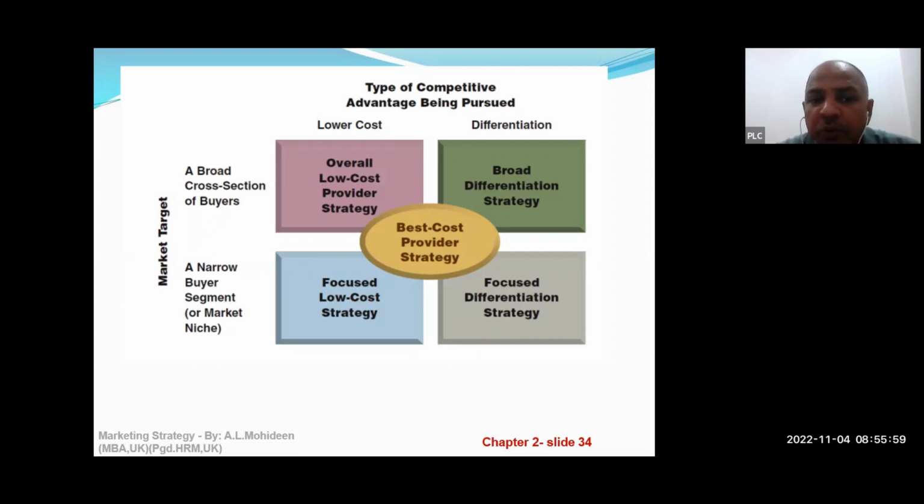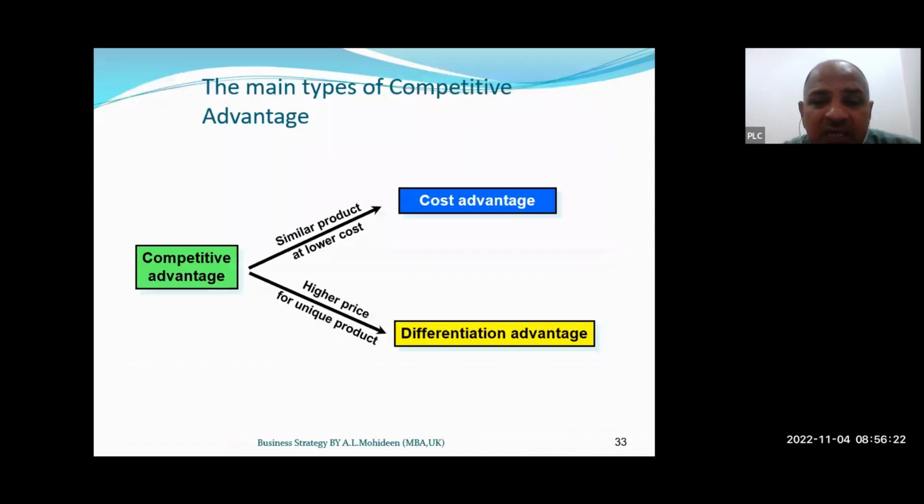If you go broader, you go for overall low cost provider strategy. If you go for differentiation, the focused differentiation strategy is narrow, and broader differentiation is broader, and best cost provider strategy is in between. So these are the differences you have to understand, right?